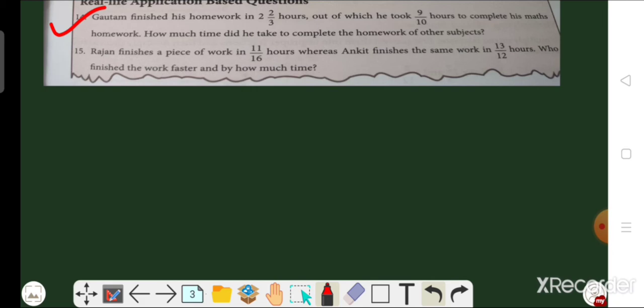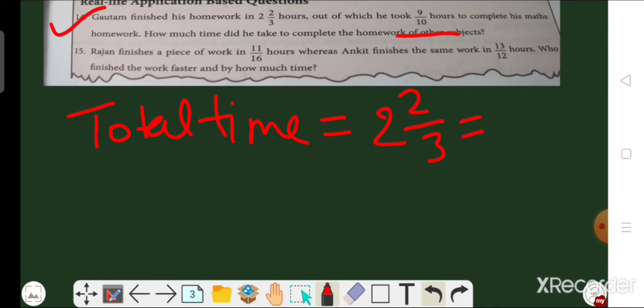There is a student, beta, whose name is Gautam, who has completed all his work in 2 and 2 by 3 hours, but only the math work was completed in 9 by 10 hours. We have to find the time taken by Gautam to complete the remaining subject work. Okay, so look here. Total time taken by Gautam is 2 and 2 by 3, or we can say this is equal to 8 by 3 hours.